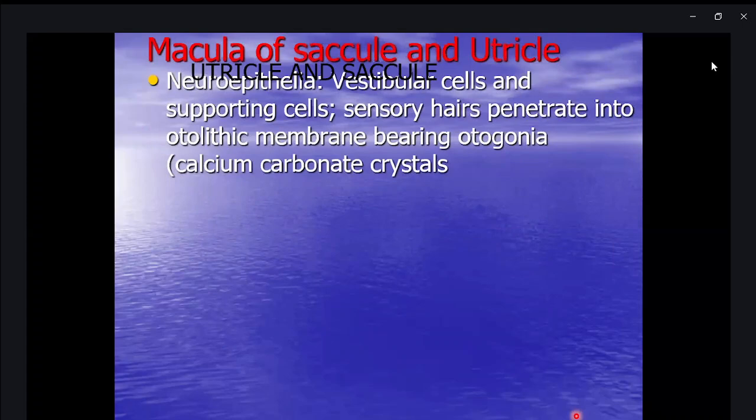Within that flattened shape, we have what we call the otolithic membrane, which is a gelatinous membrane, and embedded within it we have crystals of calcium carbonate that we refer to as otoconia.